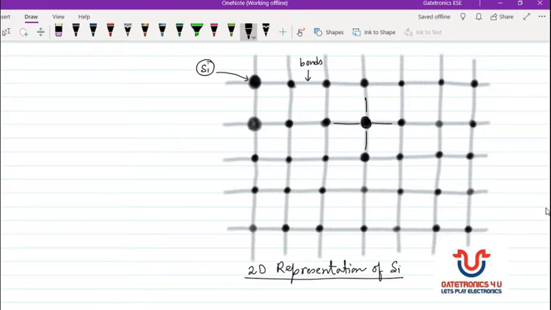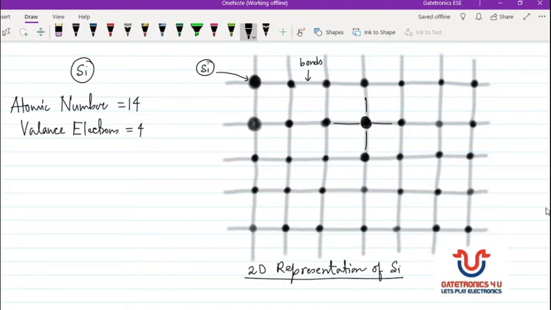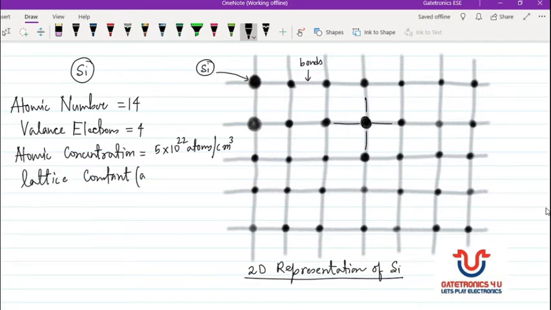Now let us see some practical values or practical data for silicon, and those are: for silicon material the atomic number is 14, valence electrons is 4, atomic concentration is 5 into 10 to the power 22 atoms per centimeter cube, and lattice constant, that is a, is equals to 5.43 angstrom, and the bond energy is 1.12 electron volt. These are the practical data for a silicon material.